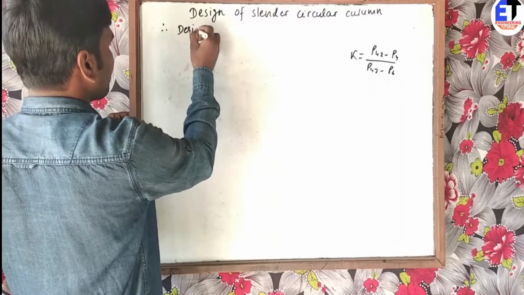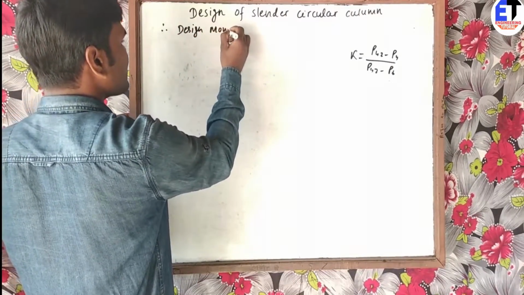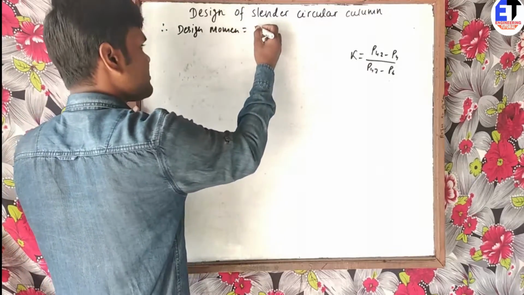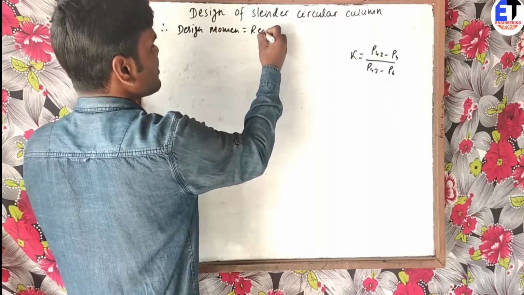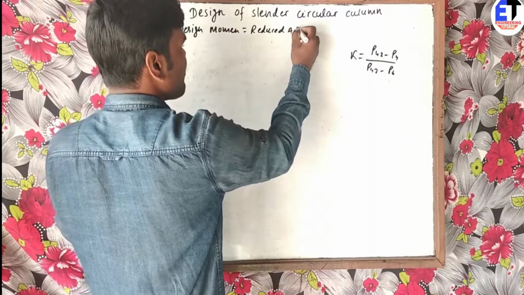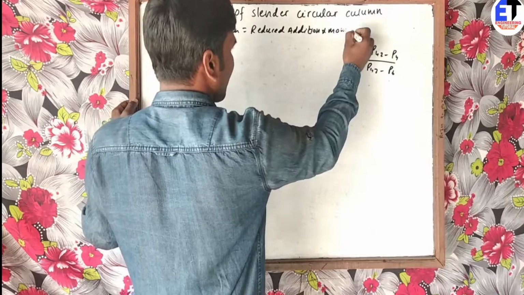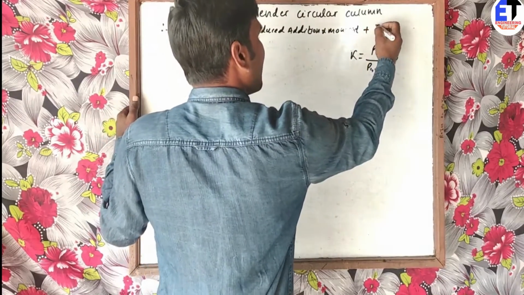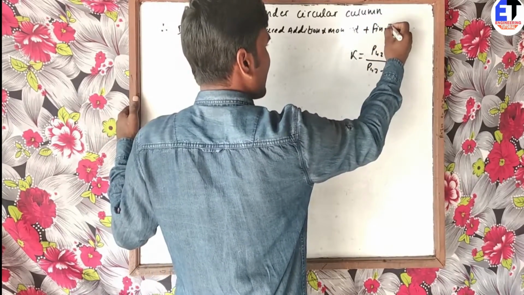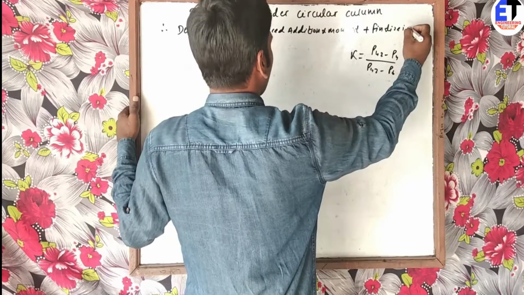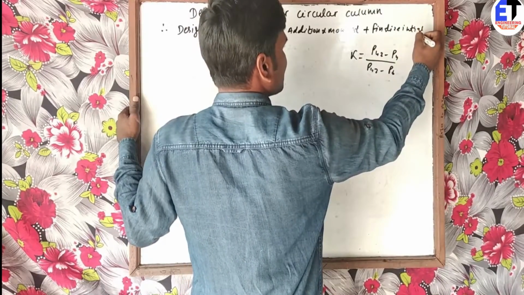Design moment is equal to reduced additional moment plus finalized initial moment.